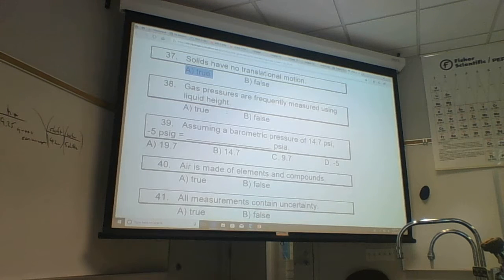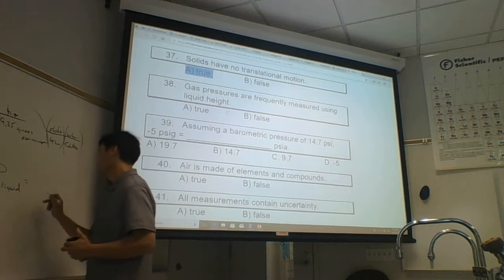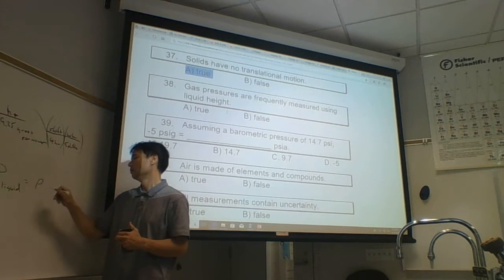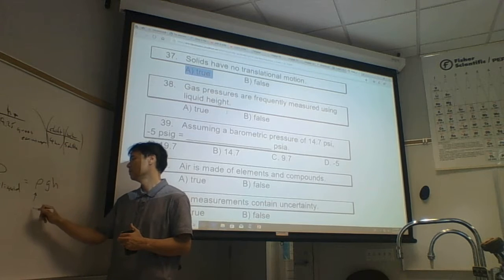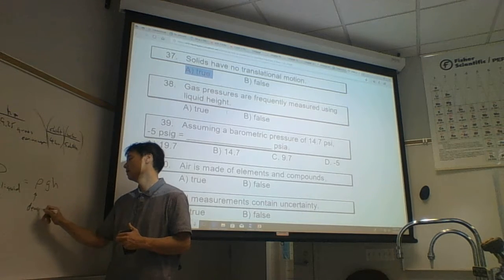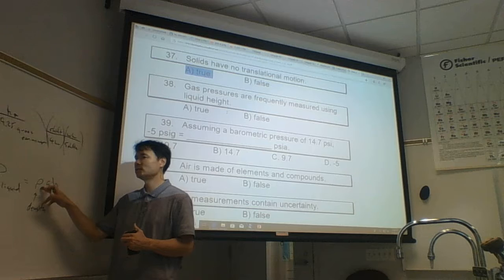And so a liquid height, the physics of it is that the pressure of a liquid is equal to rho g h. Rho is the density, or actually I should use d.